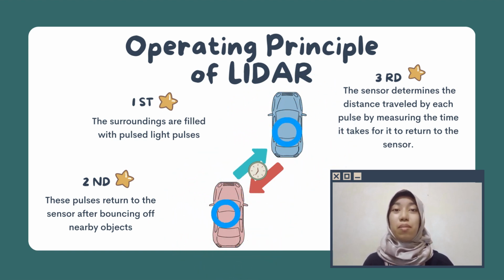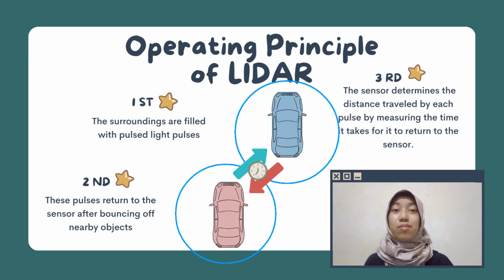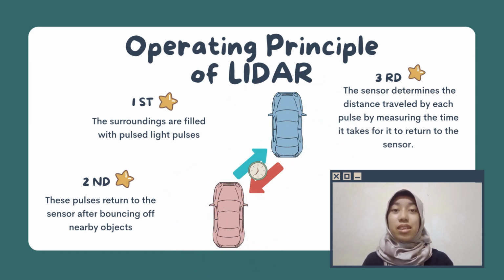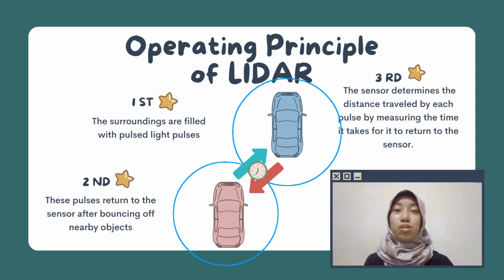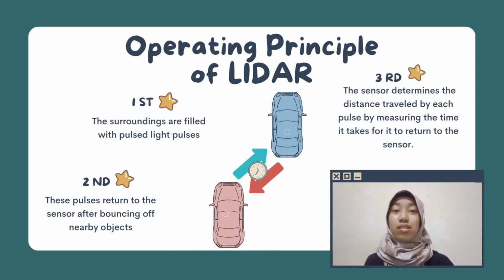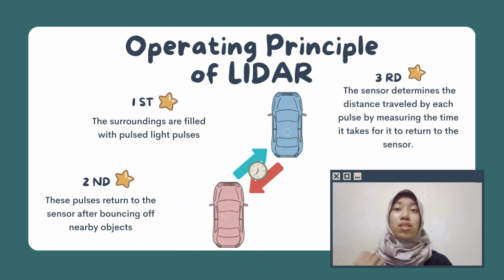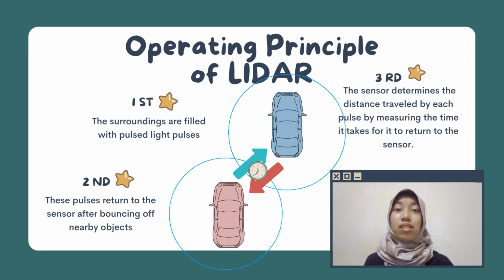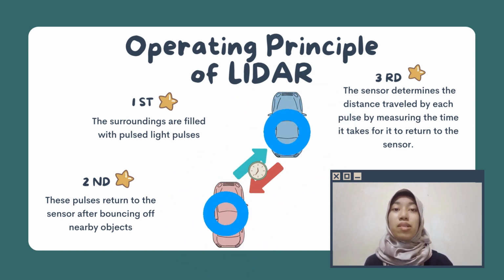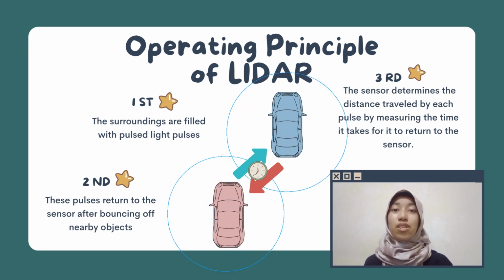We will explain the operating or working system of LiDAR. In a typical LiDAR sensor, the surroundings are filled with pulses of light. These pulses return to the sensor after bouncing off nearby objects. Based on the animation example shown, we can see the movement of the sensor. The sensor determines the distance travelled by each pulse by measuring the time it takes for it to return to the sensor.